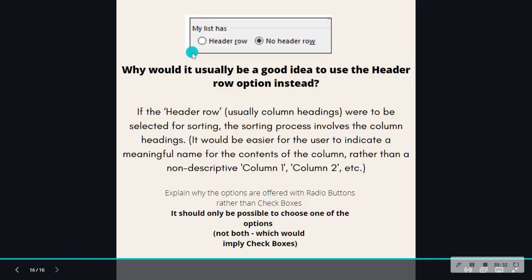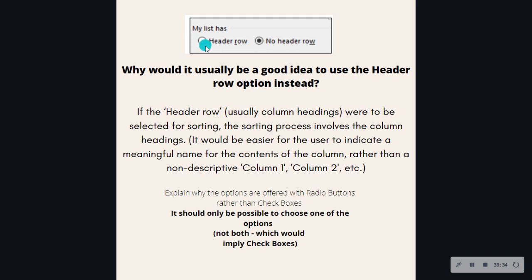Now, if you look at this, my list has a header row or no header row. Okay, so they're asking you here, why would it usually be a good idea to rather use the header row option instead? In other words, marking that one.